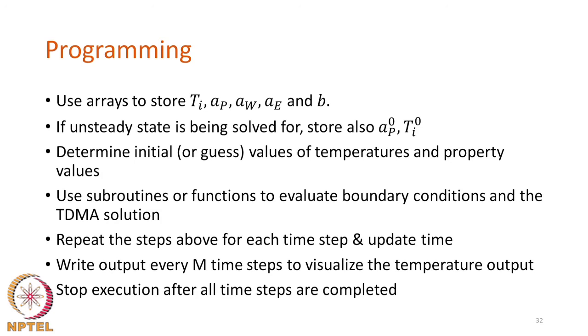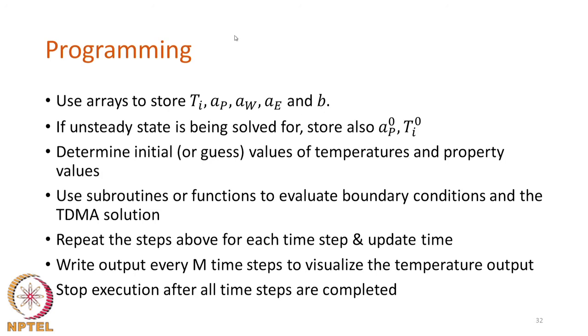However, as I mentioned to you, in welding we normally have non-uniform grid spacing. So, you definitely will have to store the coefficients of the neighboring temperatures in arrays. So, you would have as many arrays as the number of neighbors, and then you would also have an array to store the source term, which is definitely going to be location dependent.